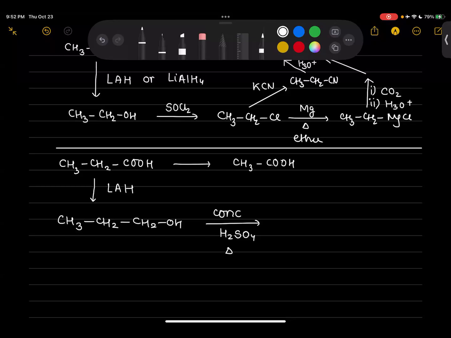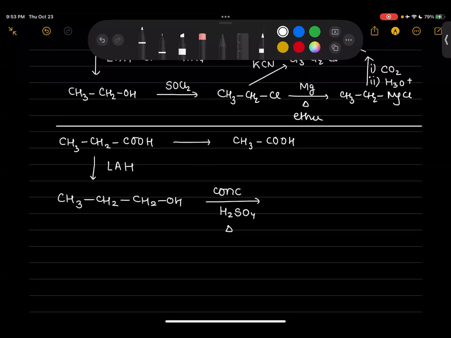We have seen concentrated H2SO4 in the alcohol chapter. Concentrated H2SO4 will cause dehydration of alcohol. Got it? Removal of water.